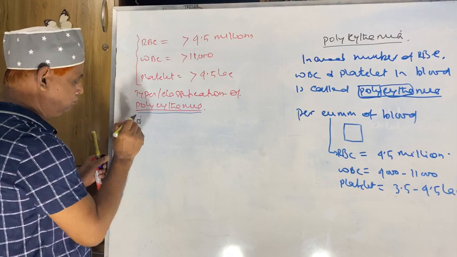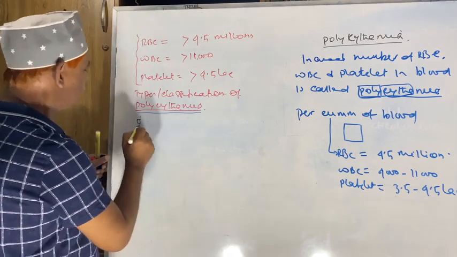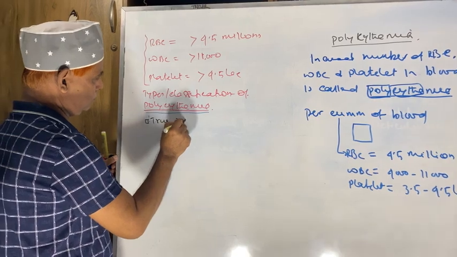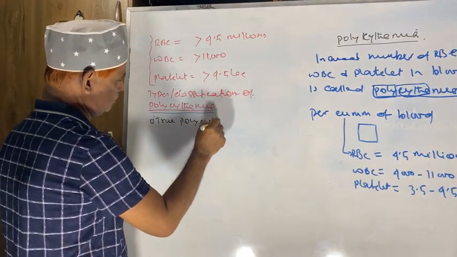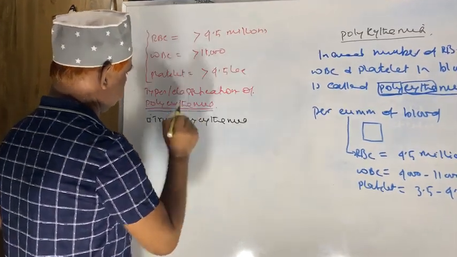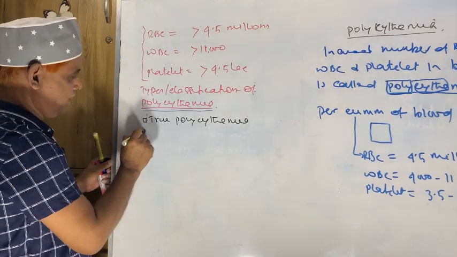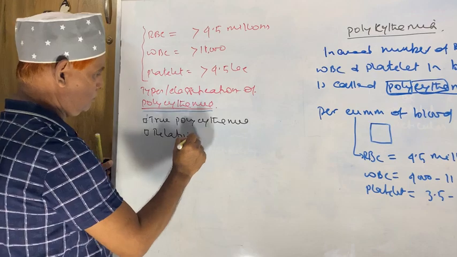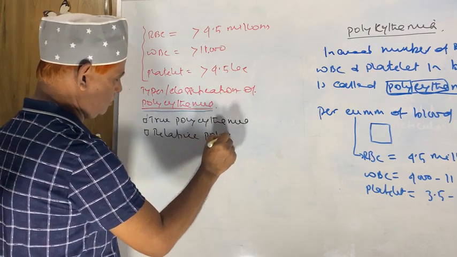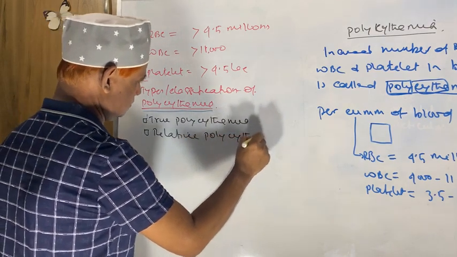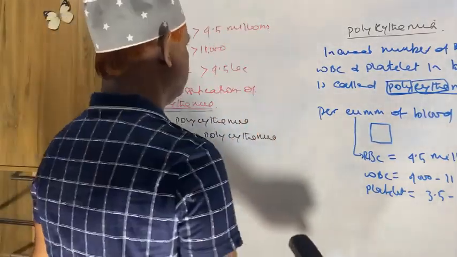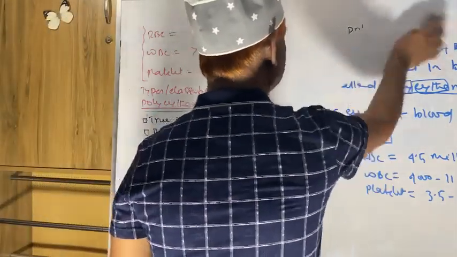One is true polycythemia, another is relative polycythemia. First come to true polycythemia.